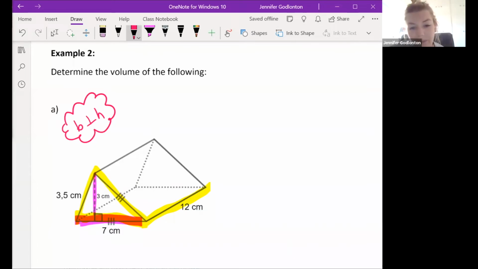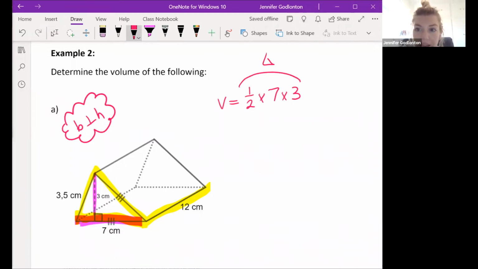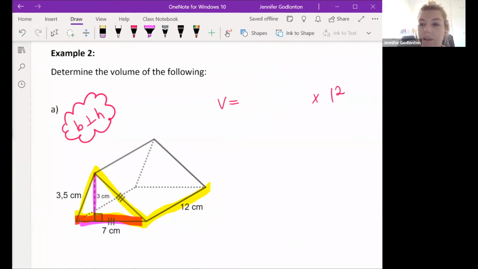Okay. So for this one, all I would say is that my volume is going to equal half times 7 times 3. So that over there is the area of my triangle. And then I'm going to times it by 12 because that is my height. Okay. For those who are wanting to see what the formula looks like, it would be half base times height times our big height.